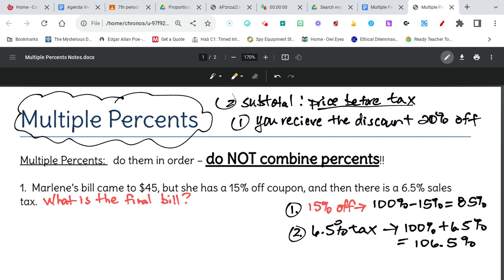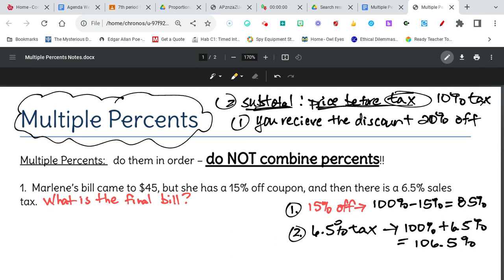But number two, because your subtotal is going to be less because of the discount, they're still going to tax that subtotal. So this would be an example of multiple percents. And suppose you have a 10% tax, you'll still get it, but you'll get that at the end.